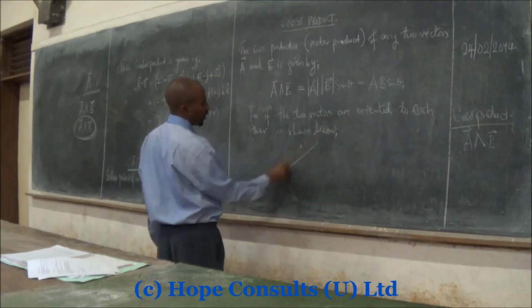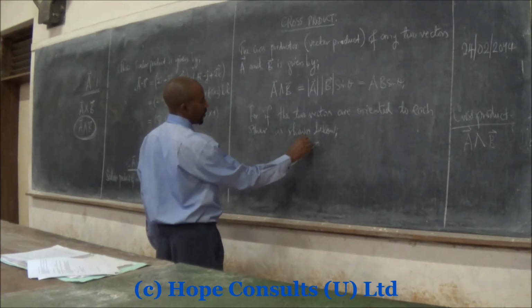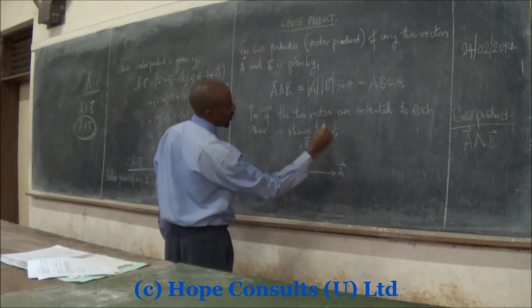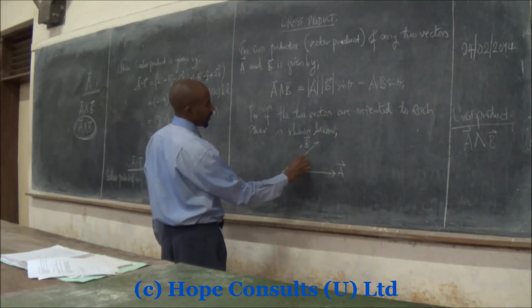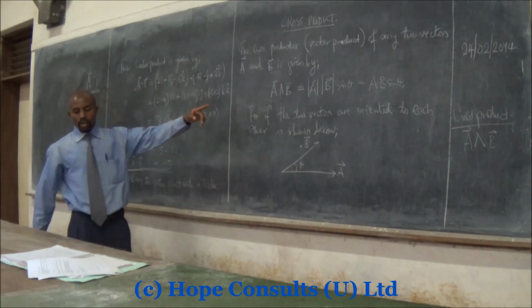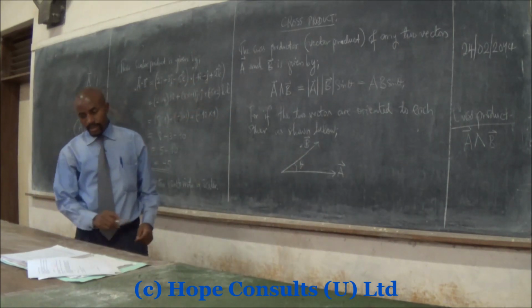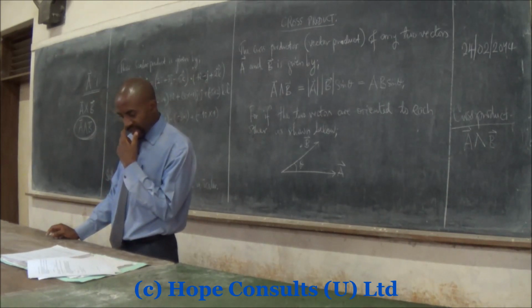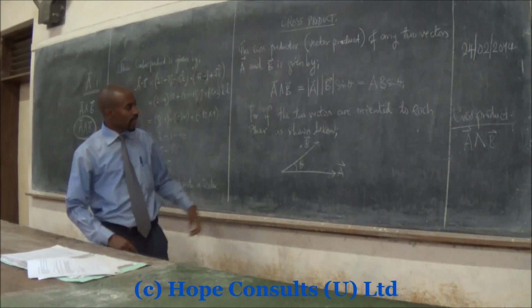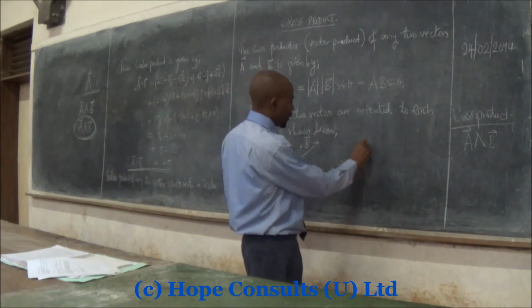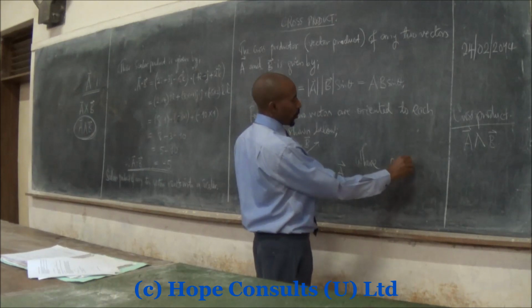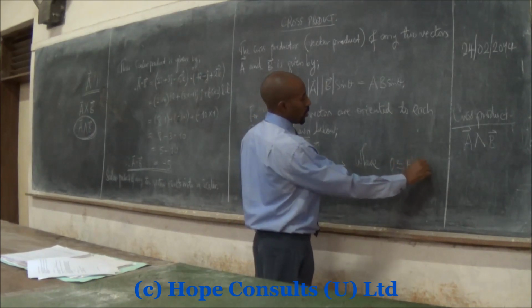So we have, if this is our vector B, this is our vector A, and the angle between them is theta. The definition of the cross product is as that. And of course, we said that the angle theta is between 0 and pi.